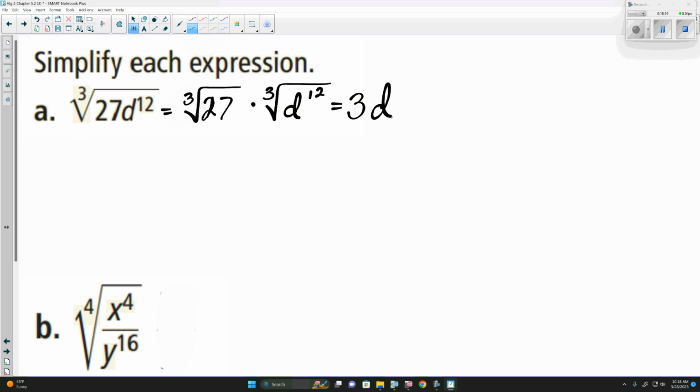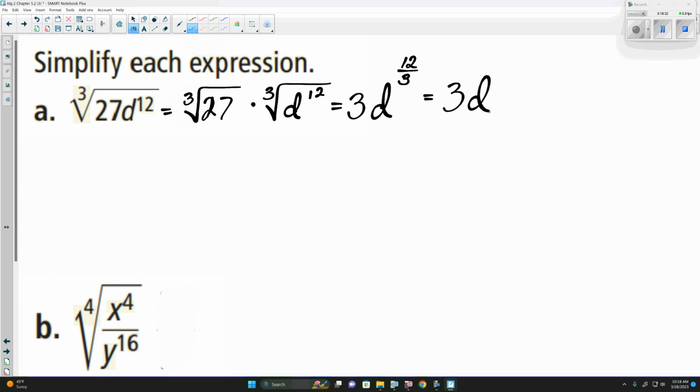What we can do is rewrite this as a fractional exponent to see how this simplifies. Now for the fractional exponent, the numerator is going to be the exponent attached to our variable, which is 12, and the root is 3.